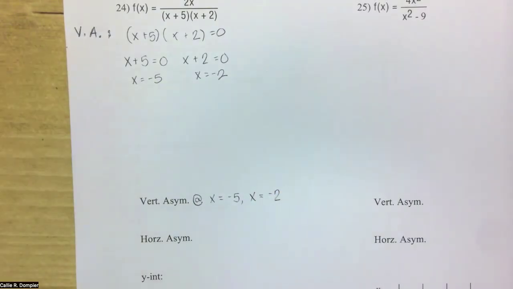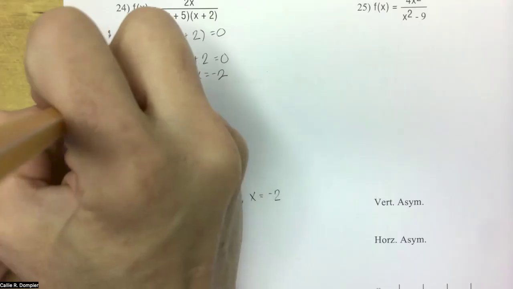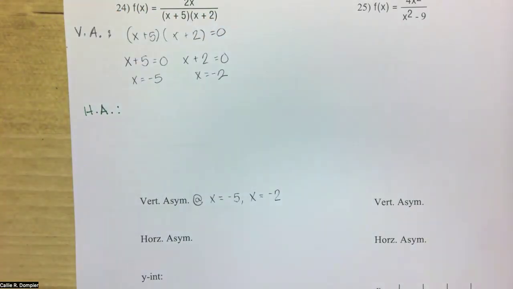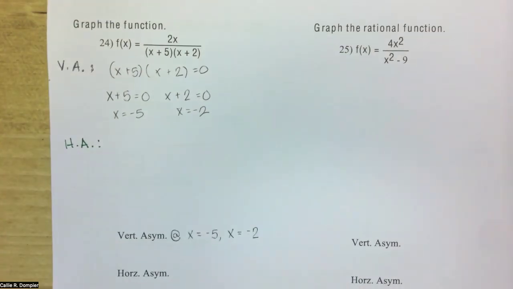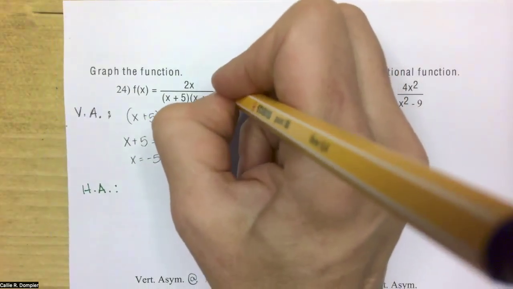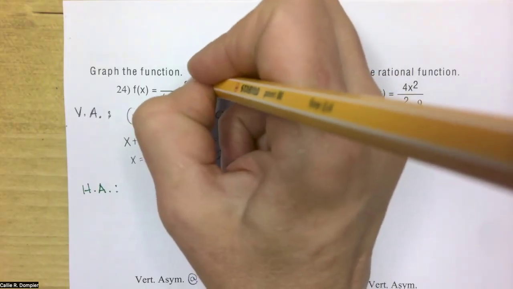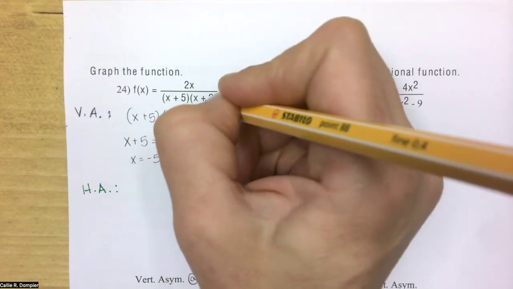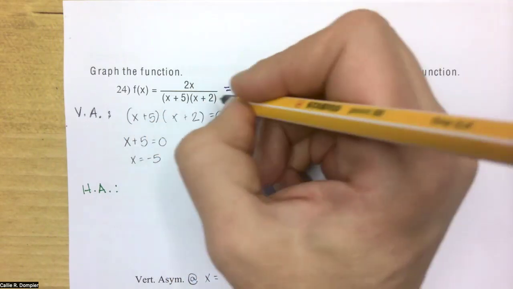Let's see if we can find a horizontal asymptote. How do we find the horizontal asymptote? We have to compare the degree of the numerator and the denominator. Now, this is in factored form. It's not the simplest to see the degree, or maybe it is if you're really experienced. But we know that the degree of this is 1, and here I'm just going to take this out of its factored form, okay?